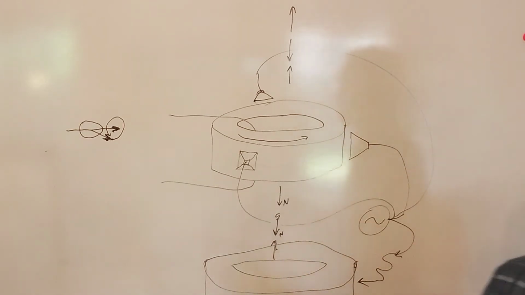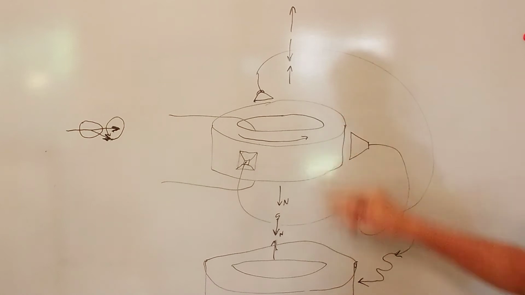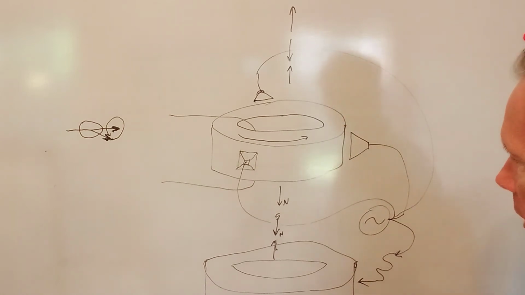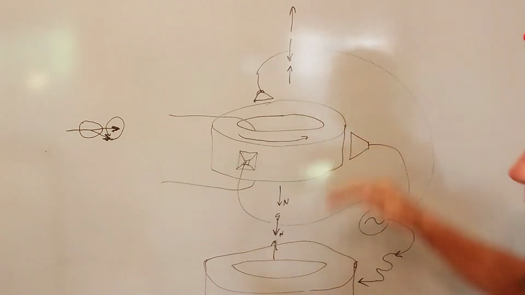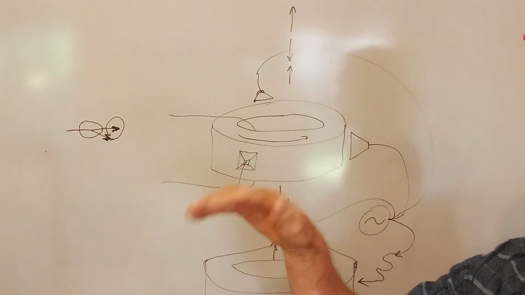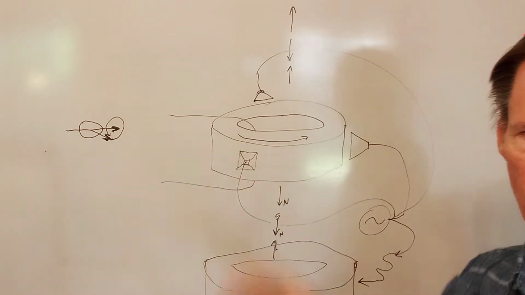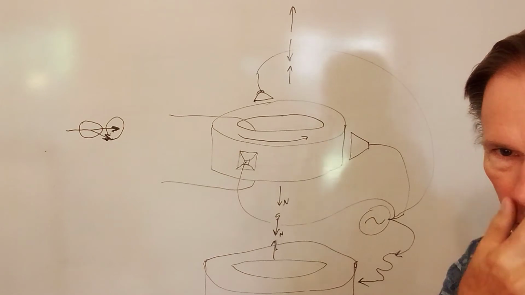And this is dependent not only on the phasing of how you're stimulating the lower toroid versus the upper one, but it's also dependent on the distance between them as to when their signals are crossing each other.